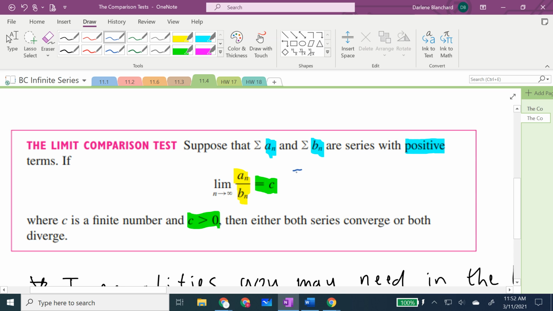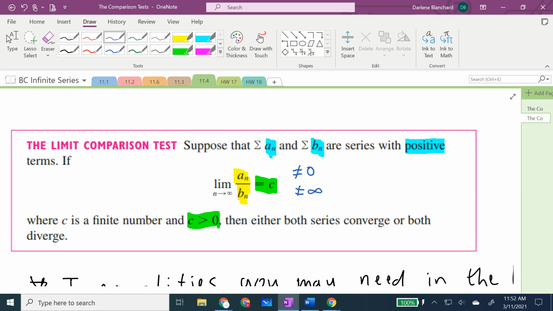What matters is you get an answer to this limit that is not zero and it's not infinity. That means that as you head toward infinity, your terms and the series you're comparing to's terms keep a finite ratio between the two of them.